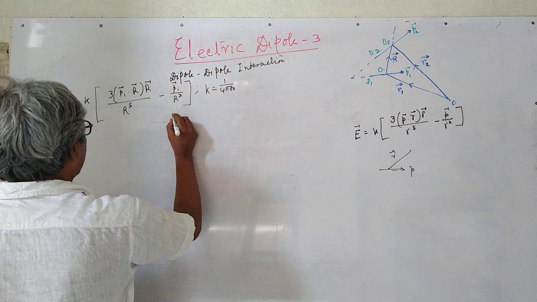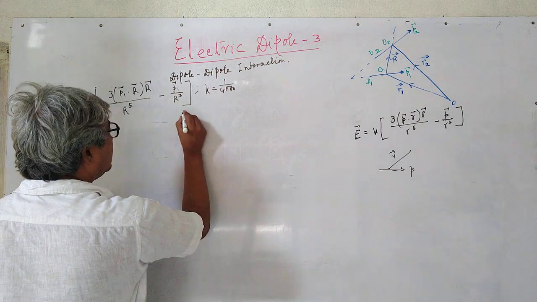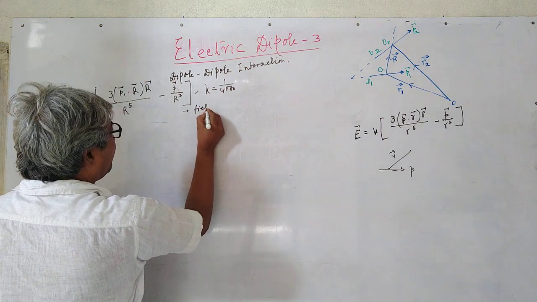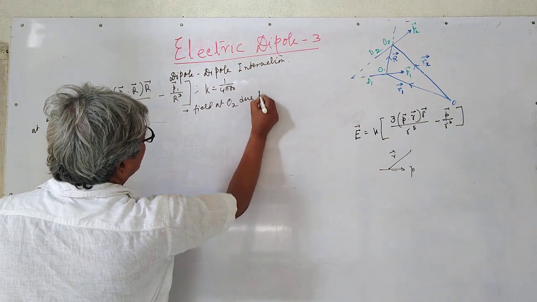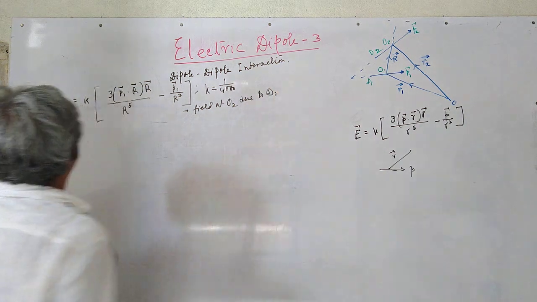So we know that this is the field at O2 due to D1.